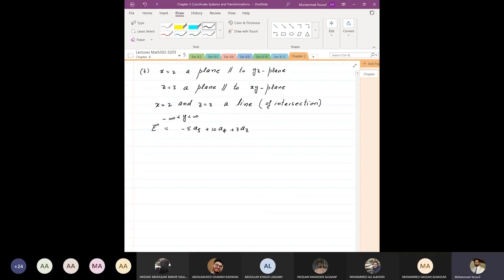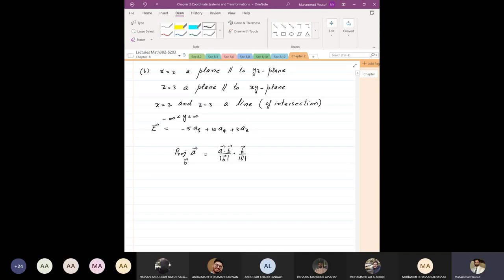So we say that the projection of a vector A onto vector B, or in the direction of vector B, is A dot B over the magnitude of B, multiplied by a unit vector in the direction of B, and a unit vector in the direction of B is vector B divided by its magnitude.